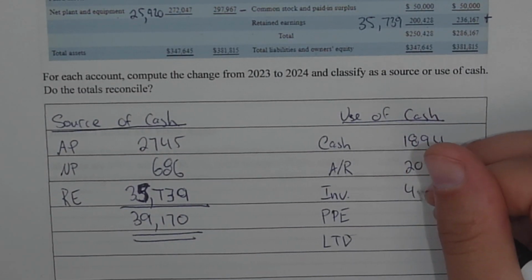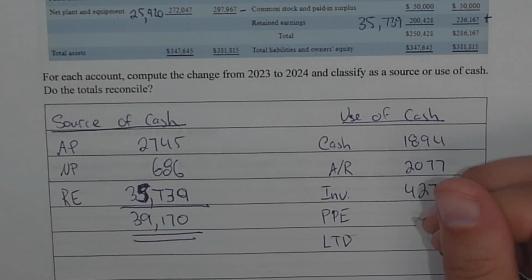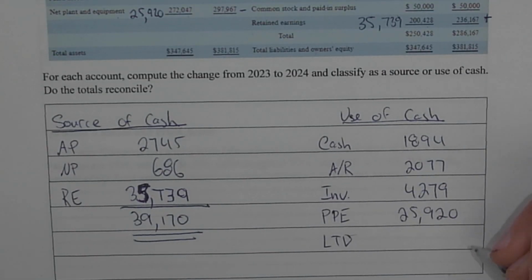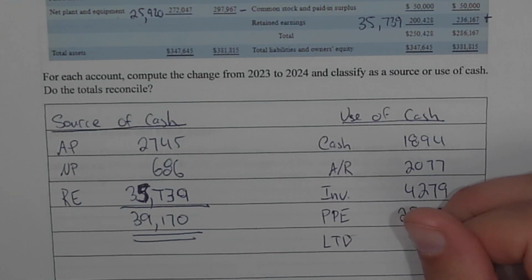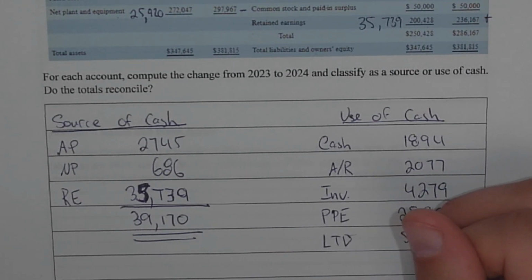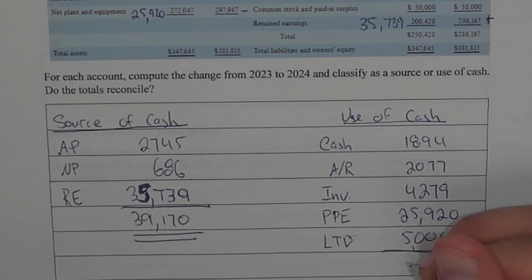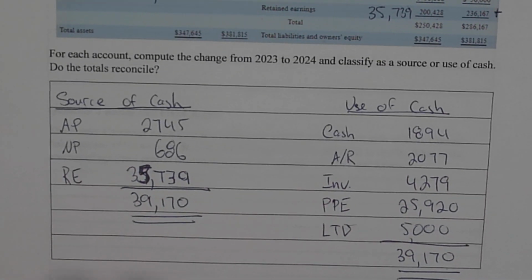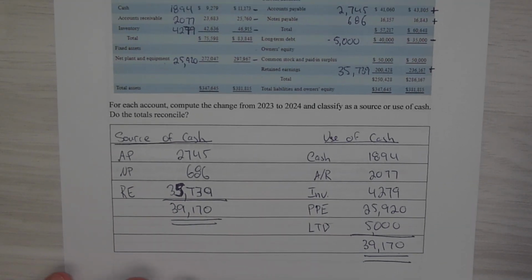Inventory is 4,279. PPE is 25,920. And long-term debt is 5,000. And we end up with 39,170. So they do reconcile, and this is a sort of a precursor to the statement of cash flows that we'll get into.